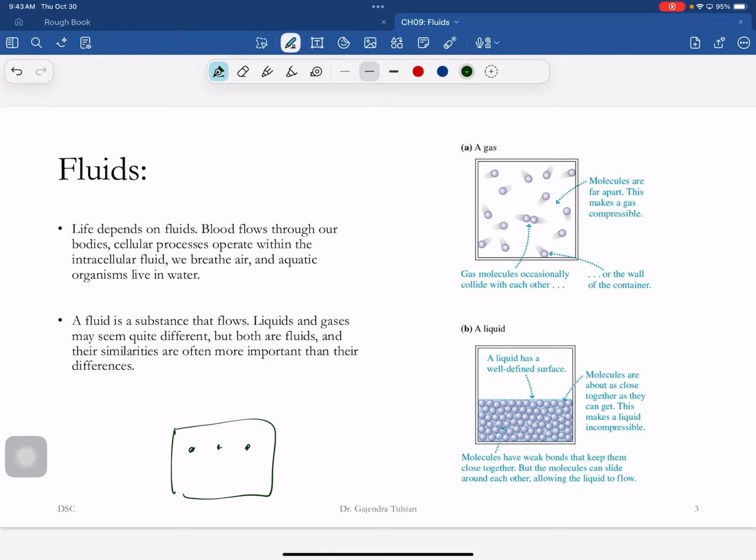You can come back 10 years from now, and as you heat a solid, it might vibrate about its position, but the molecules aren't leaving their positions. In a liquid, the forces are weaker and the molecules can move about. But you can't compress a liquid either, because there's no space between the molecules to squeeze.